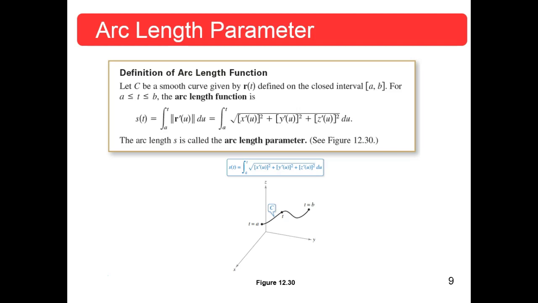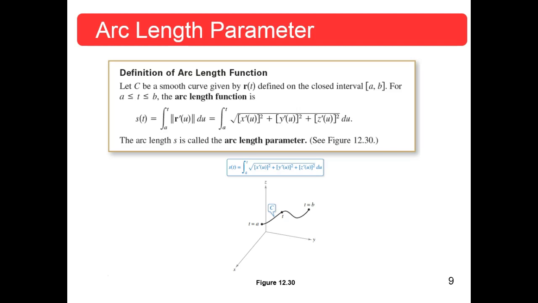Let C be a smooth curve, like we were just doing, any kind of smooth curve, given by r of t, defined on the closed interval from a to b, just like the first two examples were. And for t in between a and b, where it's defined, the arc length function now becomes s as a function of t. Now, t is just a dummy variable that pulled out somewhere.